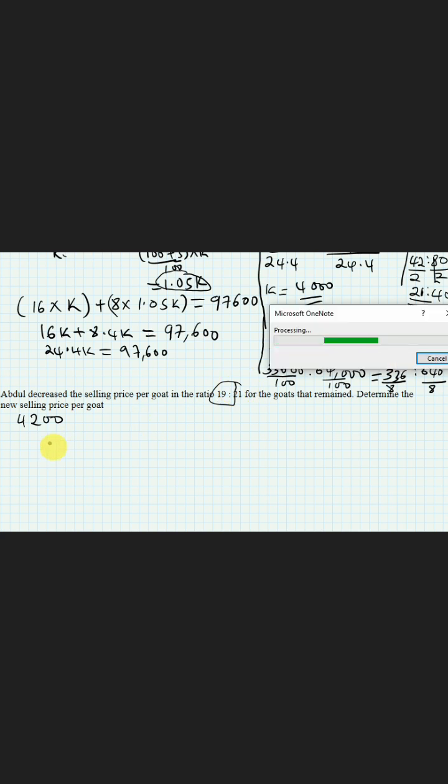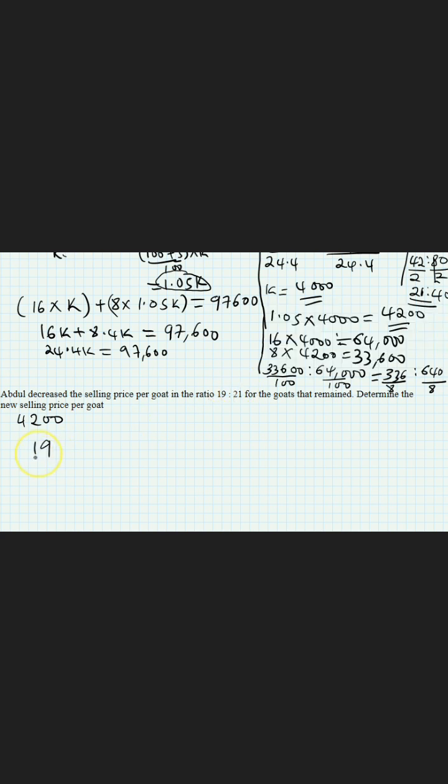Let's look at the other part of the question. We are told Abdul decreased the selling price per goat in the ratio 19 is to 21 for the goats that remained. Determine the new selling price per goat. So we know the selling price for Abdul per goat was 4,200. We are told this amount is reduced by this ratio. So we take 19 divided by 21 multiplied by 4,200.